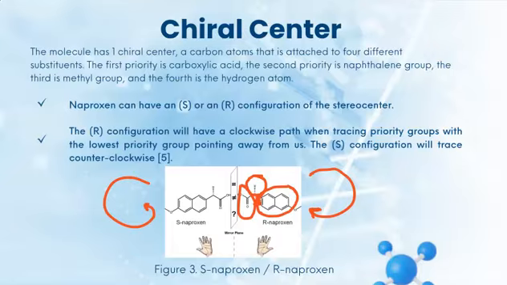In this particular example, because our hydrogen is coming out of the page, it would be the opposite. Our first group is carboxylic acid, then the naphthalene group, two fused benzene rings, is second, and then we have our methyl group. If we trace it, it goes counterclockwise, but because our hydrogen is going out of the page, not into the page, it is R-naproxen, not S-naproxen.